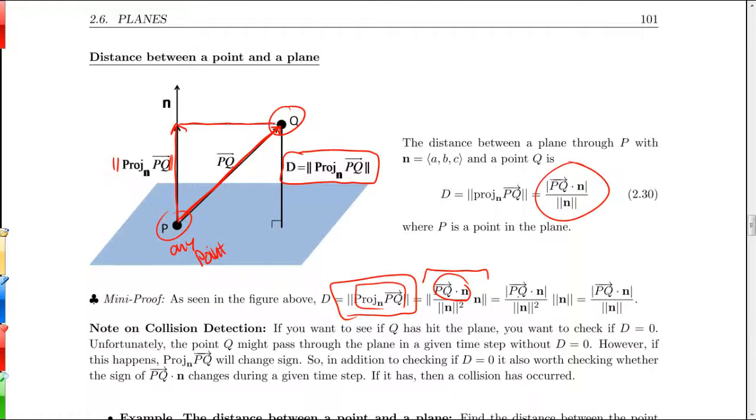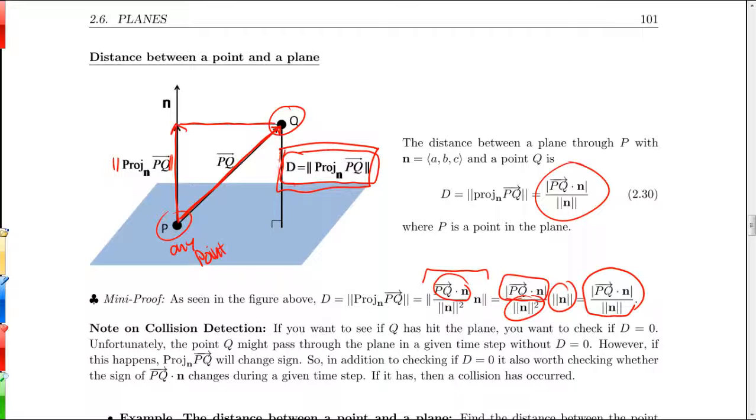It can be pulled out of the magnitude, just the absolute value. That's just a number. PQ dot n is a number, so that comes out. And then I have the size of n over the size of n squared. One of them cancels, and that is my short form for the magnitude of this projection. So this form, the magnitude of the projection, makes sense geometrically. This form is just what it looks like when you simplify.